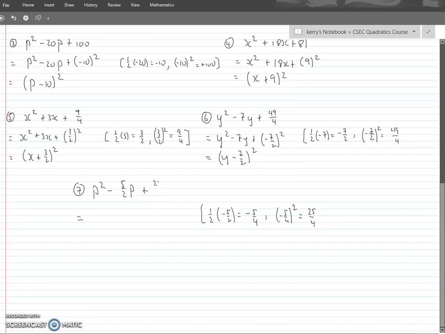So this quadratic is also a perfect square. We could write it as p squared minus 5 on 2p plus minus 5 over 4 squared. And now we could factorize this into p minus 5 on 4 squared. So I give you more than enough examples here for you to go through this and figure out what is a perfect square.